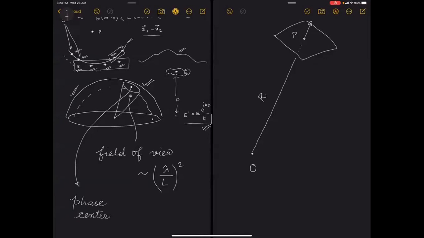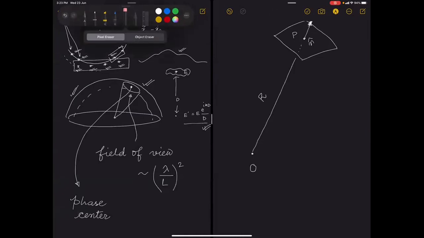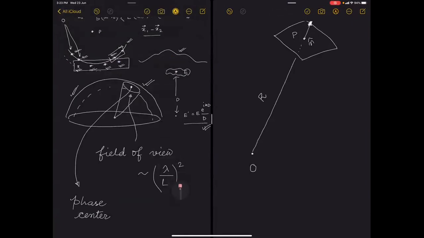And the direction where this phase center is, is the direction n cap.